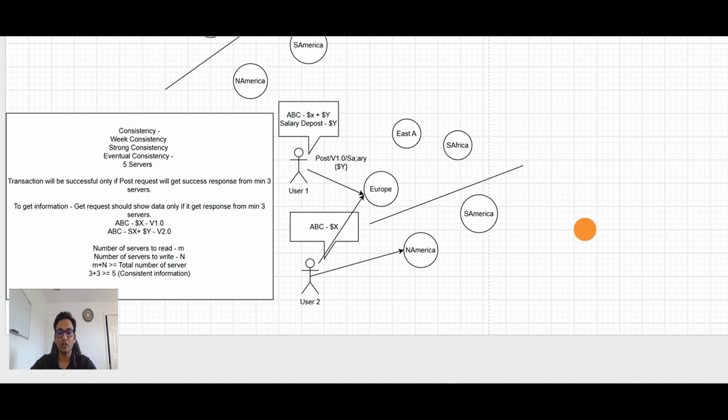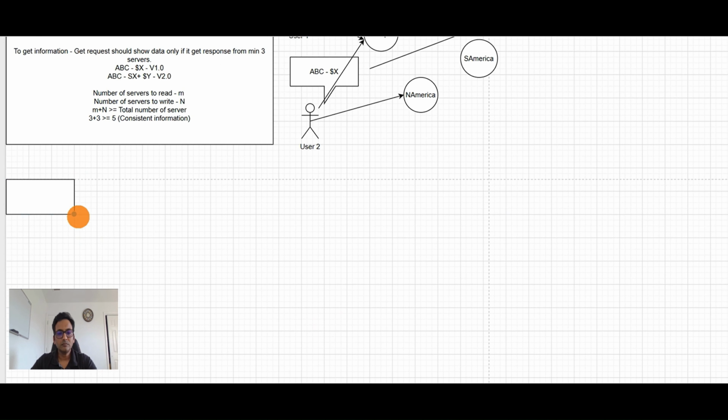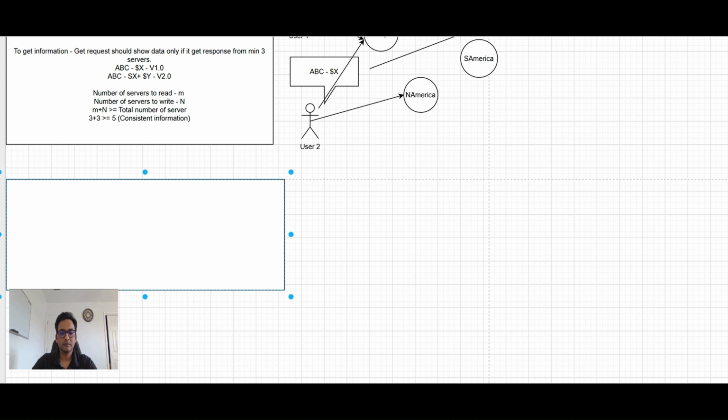Now the third thing here is availability. What is availability? It's very clear by its name. If a particular node or a few nodes are down in the system, the system should still serve all the requests from the user. That's called availability. So the system should work even if a few nodes are down.